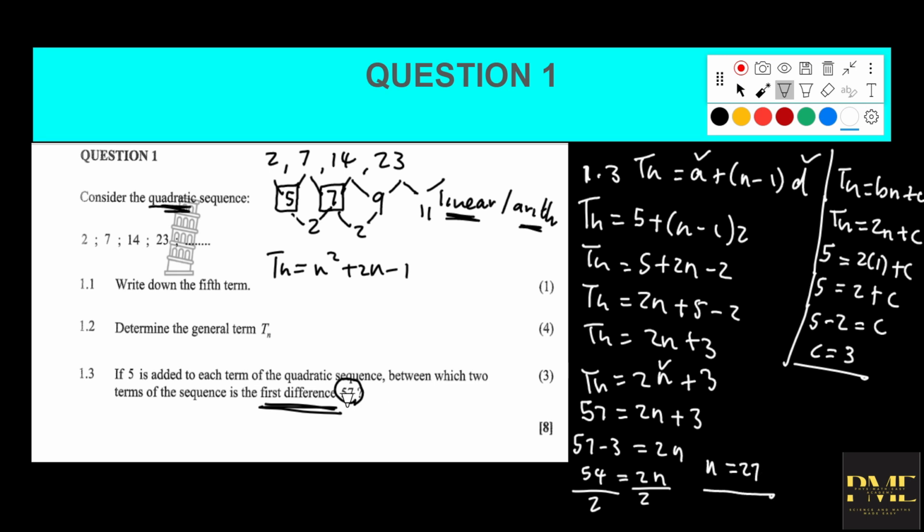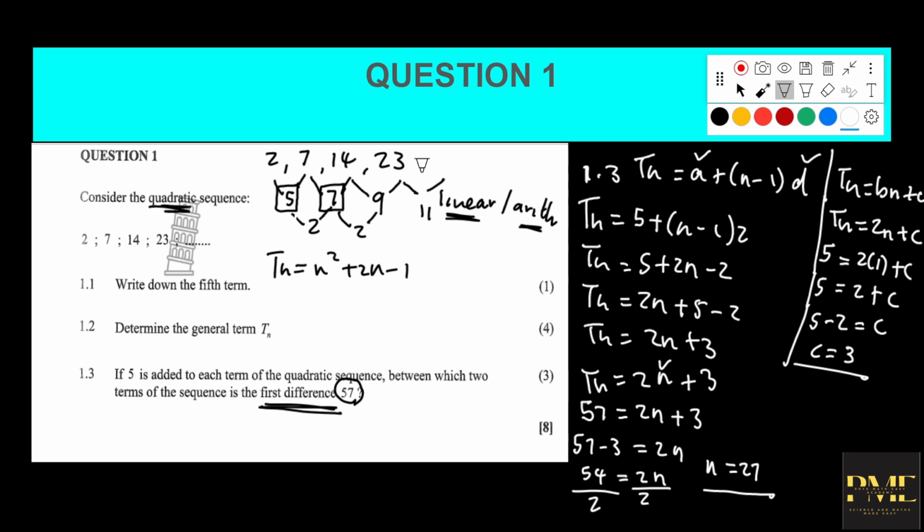So what does this tell us? It says if you go 27 terms out, starting from 5, where 5 is our first term, then the first, second, third and so on, the first difference will equal 57 once you reach term number 27 in this case.